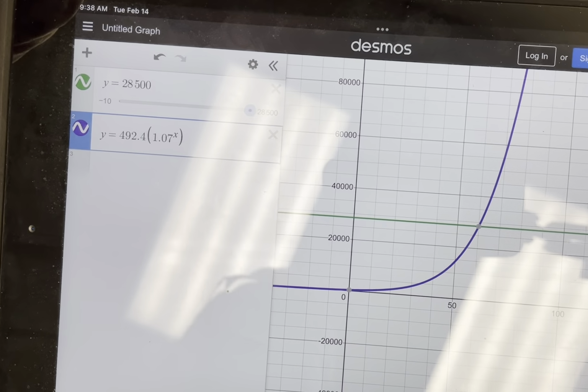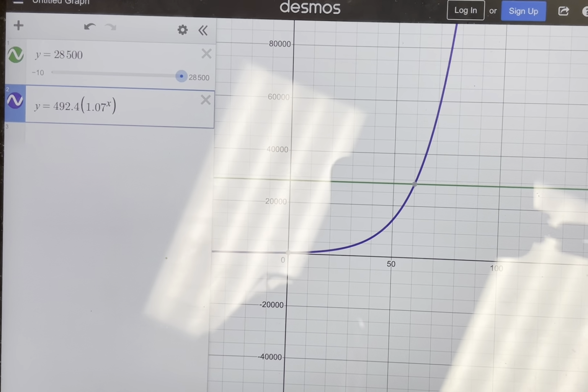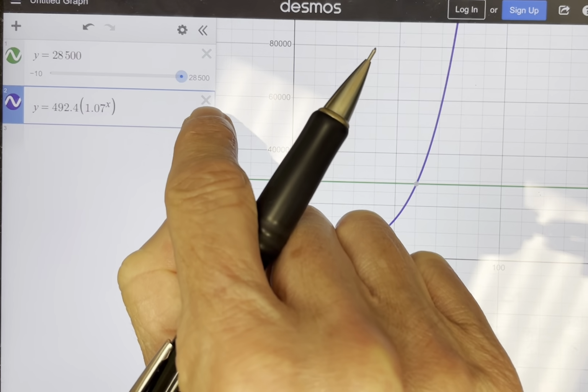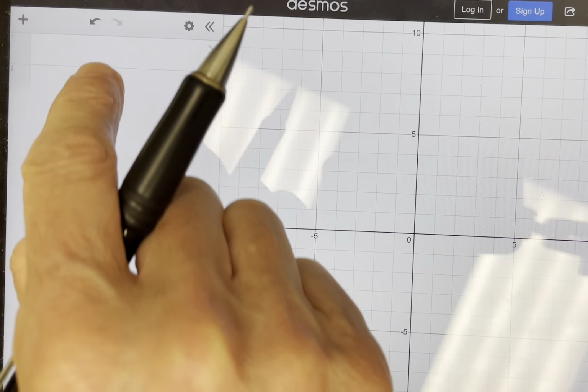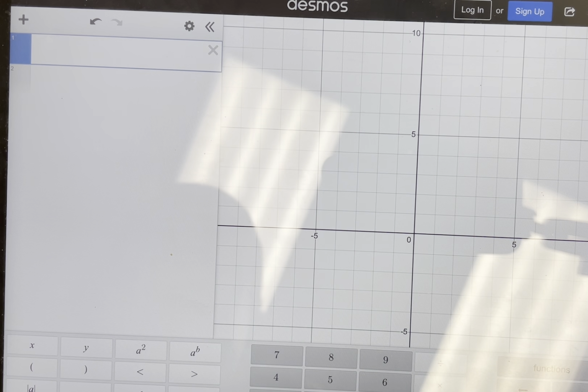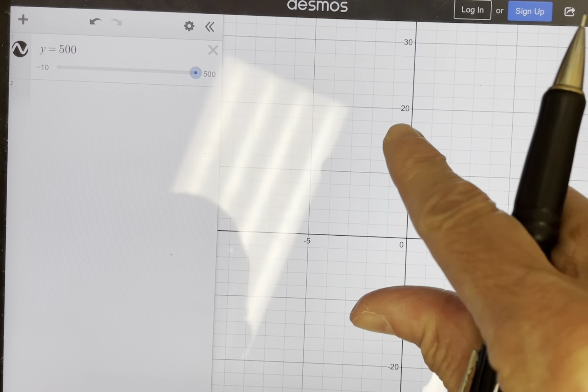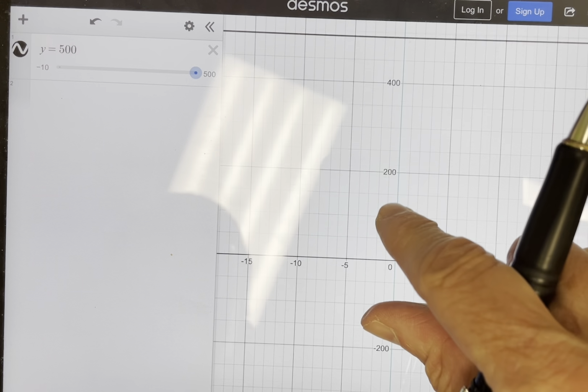Okay, back to here. Let's get rid of this and get rid of that one. I'll press my home button, get back to my home screen, and this one says my left side is y equals 500, and that's up here somewhere, so let's pinch this together. There it is.